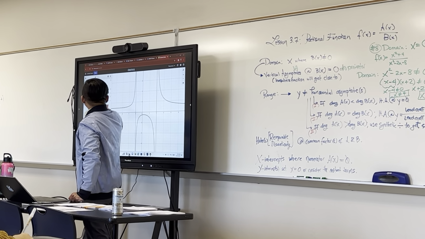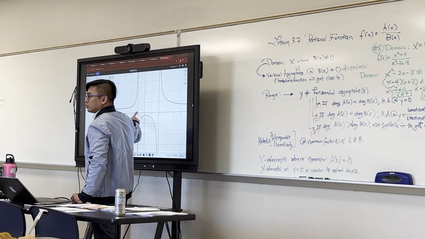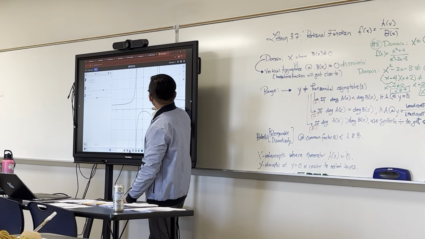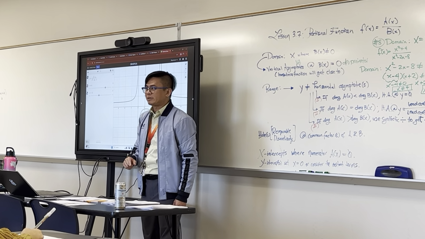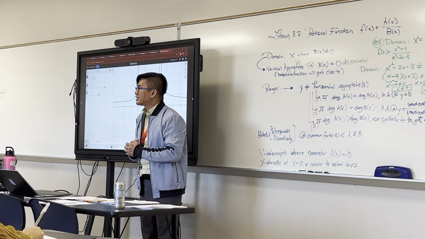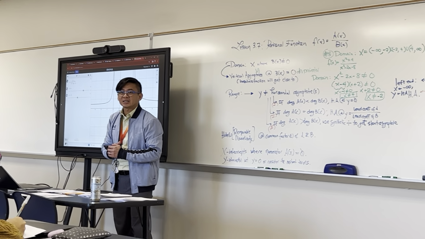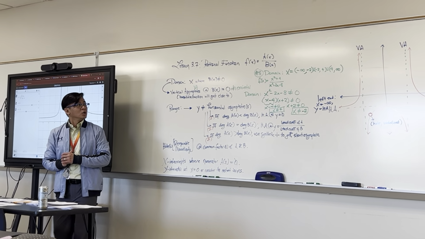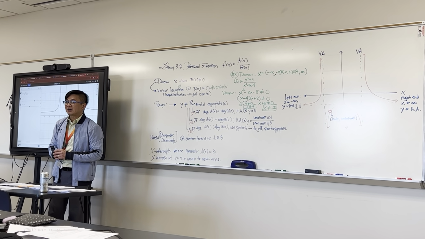In short, from -infinity to -2, -2 to 4 for this piece, and 4 to infinity for that piece. Questions? Again, those are your VAs or vertical asymptotes, okay? Questions regarding that one, guys?